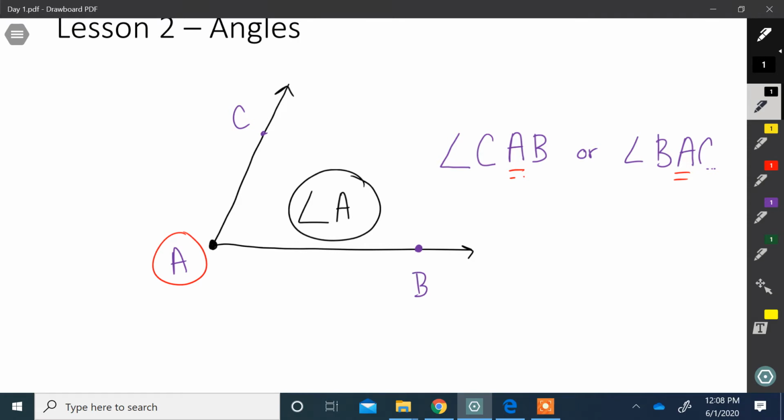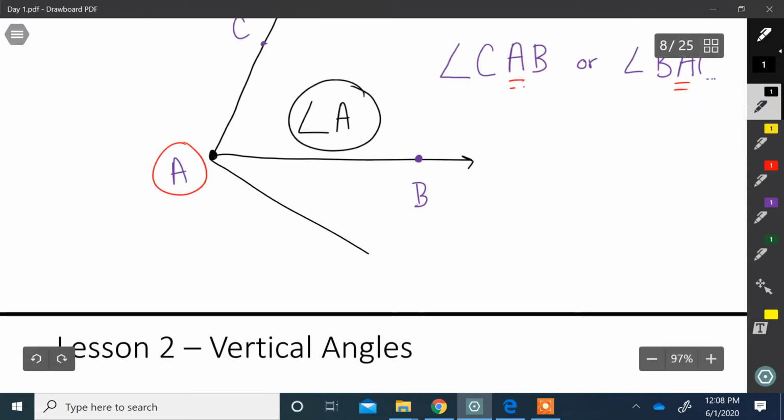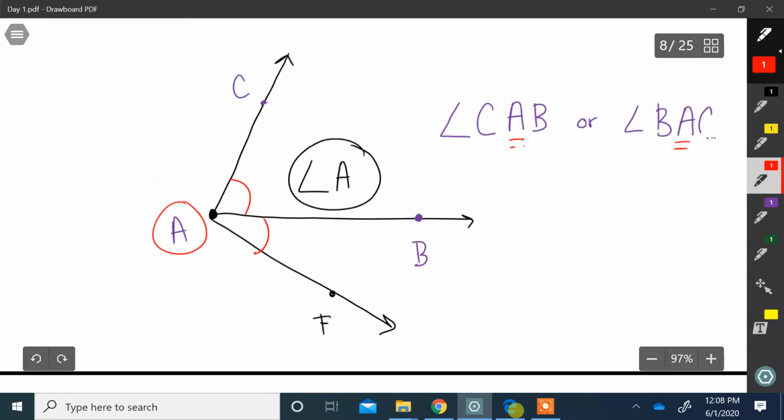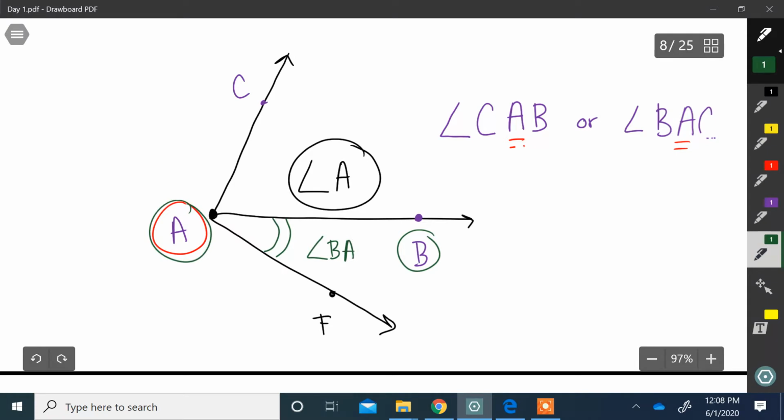Now, if I had another angle here, let's call it F, and if I say angle A, well, I'm not gonna know if it's this, this, or this whole thing. That's why we need three letters. If I want to describe this angle right here, well, this angle is angle BAF.